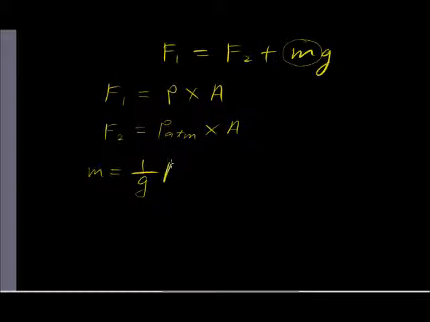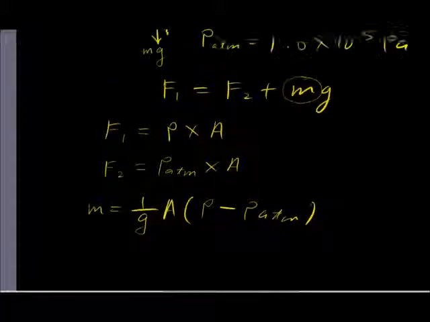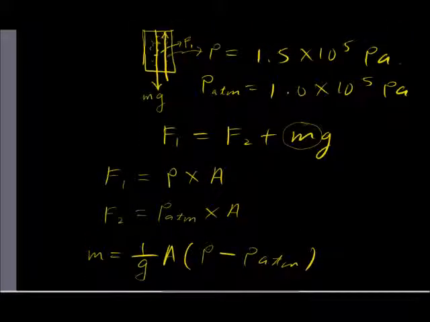Then we have the cross-sectional area of the piston, and P minus PATM. I skipped a step, which is to move F2 over to the other side of the equation.